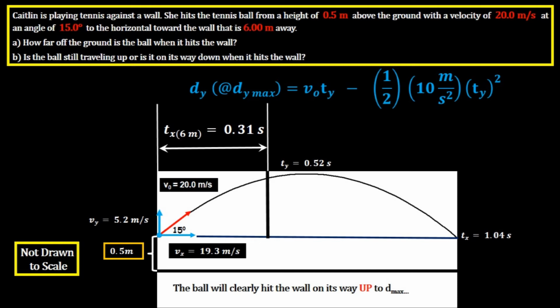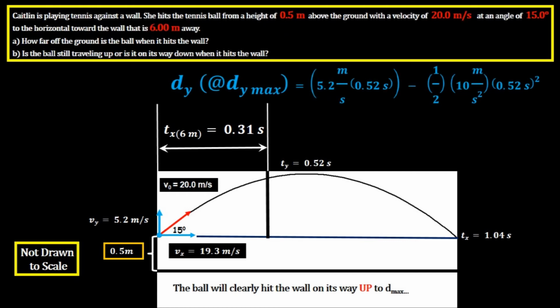So that's going to be the equation to find dy at dy max, and I simply plug in the values, 0.52 seconds and 5.2 meters per second, and then I crank that out. The negative sign is there because it's going up, and 10 is negative.